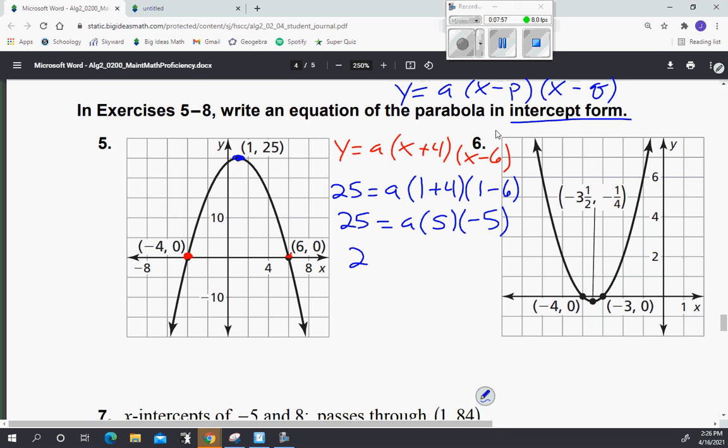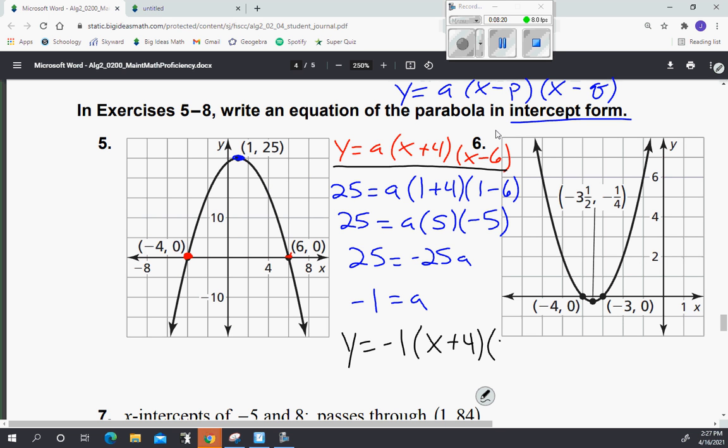So you get 25 equals -25a. Divided by -25, -1 is equal to a. So my equation is, I'm just copying this down, but instead of a, I'm going to have -1. So y equals -1 times x plus 4 times x minus 6.